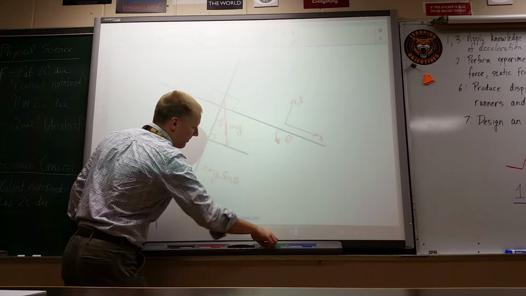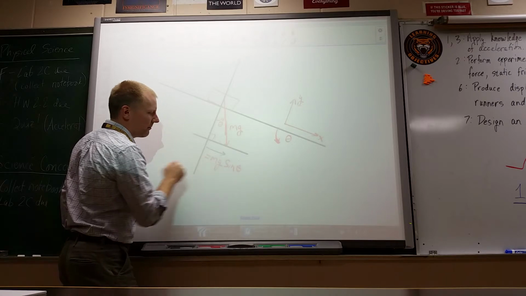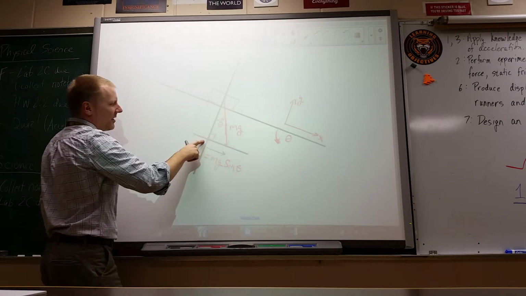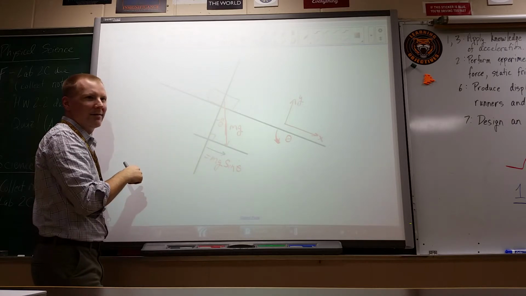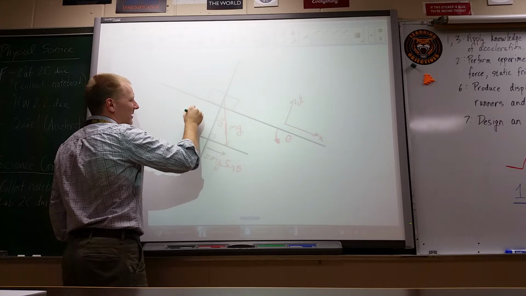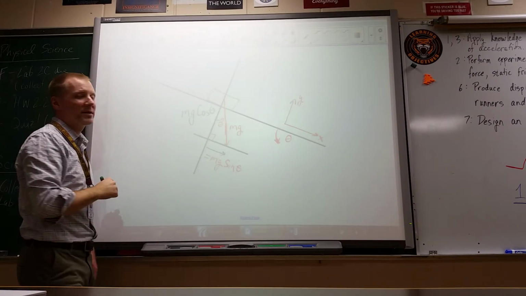So this is the amount of force going down the ramp related to the weight. Here I have the adjacent side. Well, adjacent and hypotenuse are related by cosine. So that means this side would have a value of mg cosine theta.